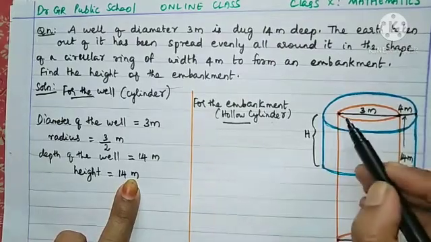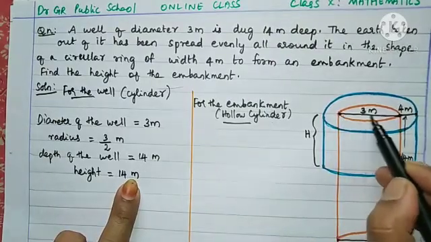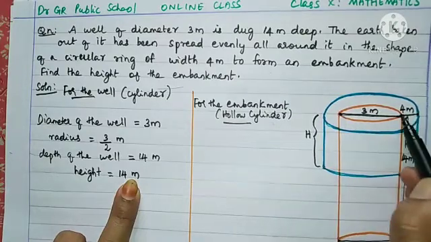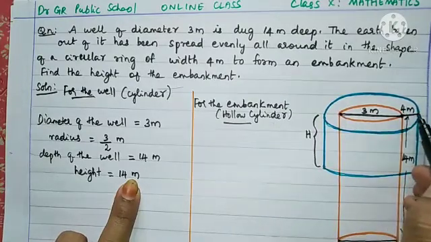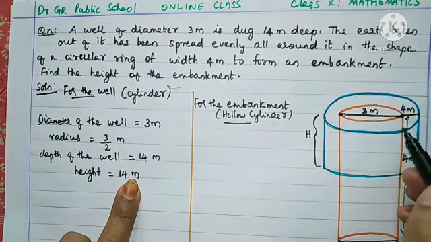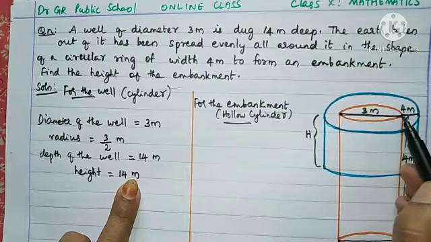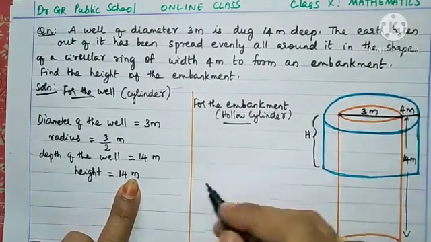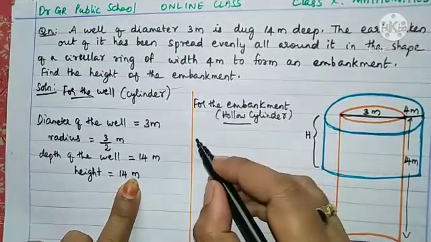First you see, this is the inner radius, correct? And this is the width. So what is the external radius? Yes, it is equal to this internal radius plus width. Okay, so we can write the things given.